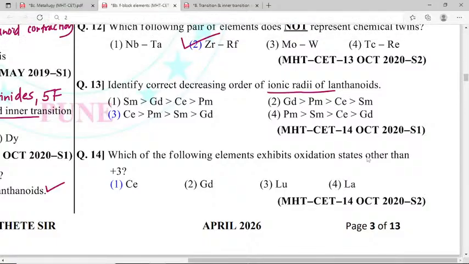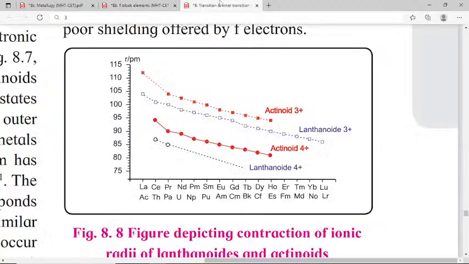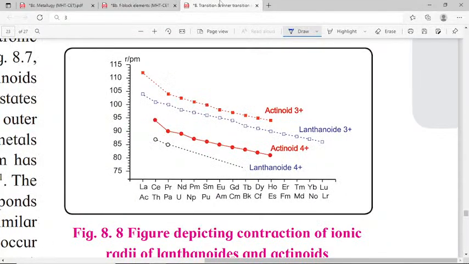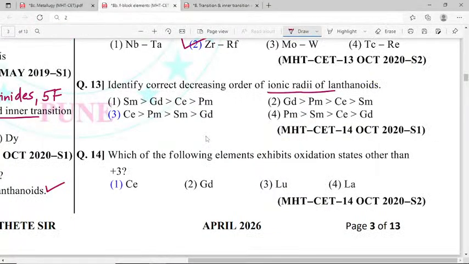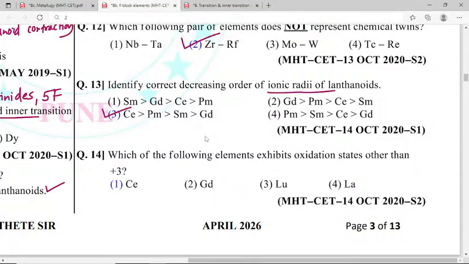Lanthanum has a very big size, lutetium has a very small size, and the others are intermediate. So size decreases from left to right: cerium, then praseodymium, then samarium, then gadolinium.